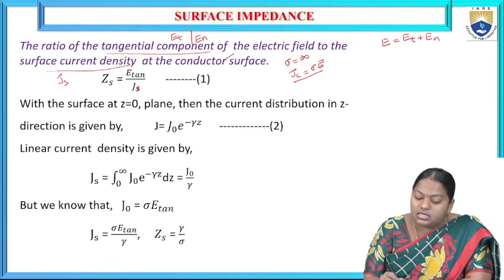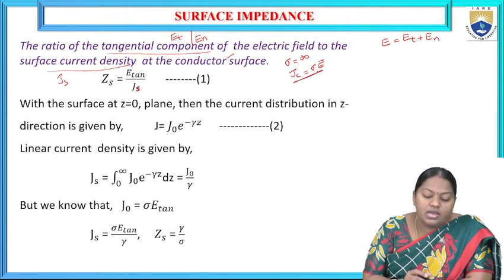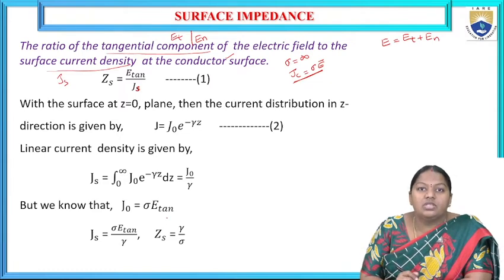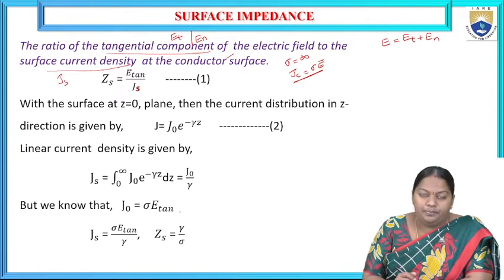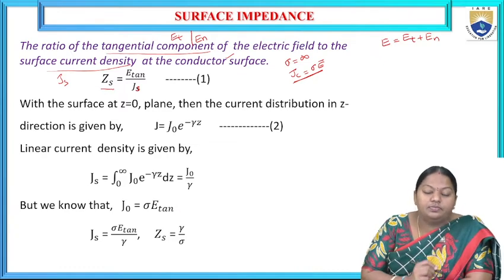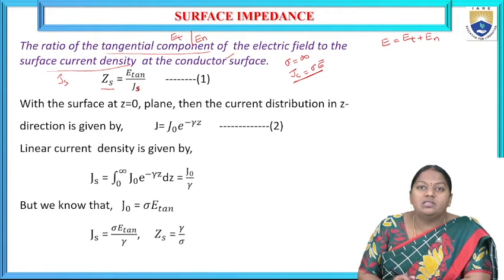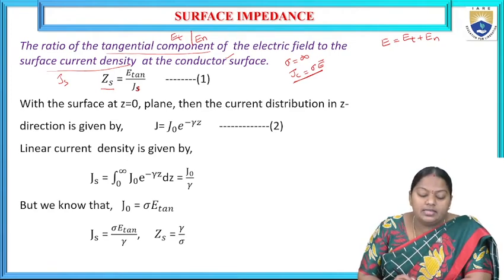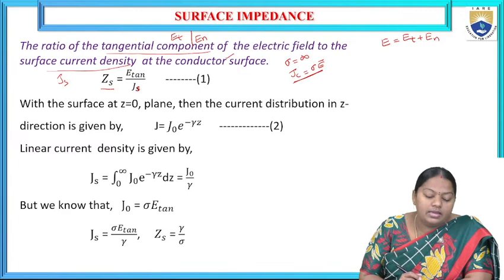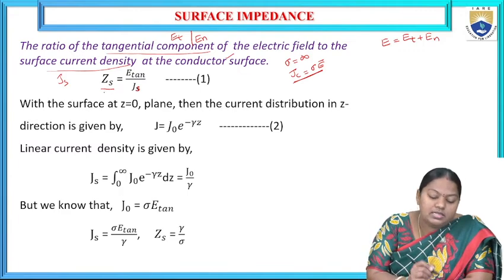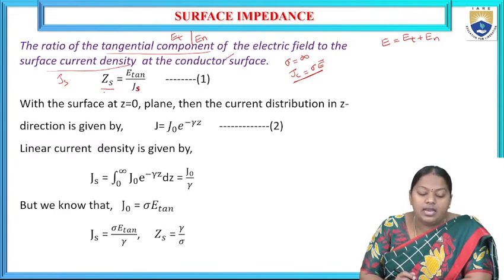We have considered this conduction current density because we are defining the surface impedance with respect to the conducting medium, right? Generally we use the notation Z for impedance, and S stands for surface, hence the notation for surface impedance is Zs. It is the ratio of the tangential component of the electric field intensity E to the surface current density of the conductor surface.